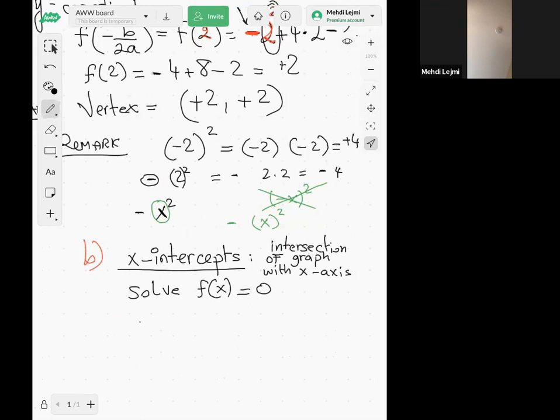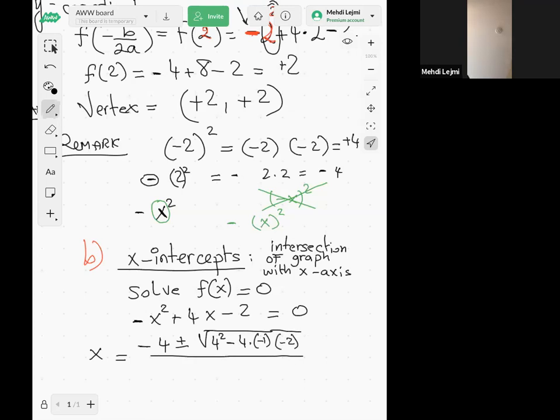So all you have to do is solve this: f of x equals 0, which is minus x squared plus 4x minus 2. Of course, we can use the quadratic formula. So it's minus b, so minus 4, plus or minus the square root of b squared, that's 4 squared, minus 4 times a, and don't forget times c, which is -2, over 2 times a, which is -1.